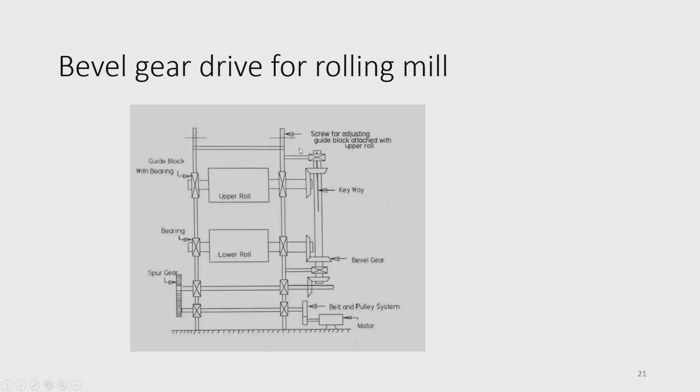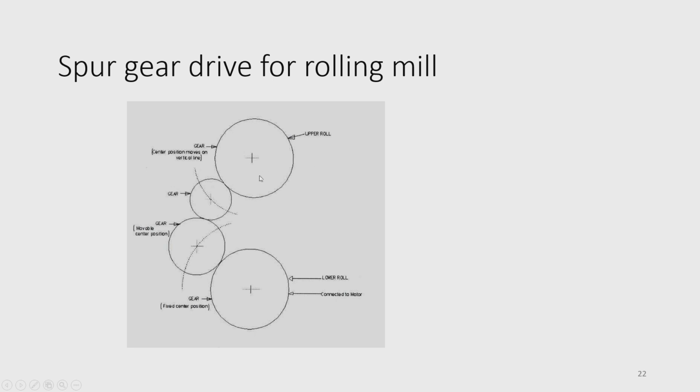Okay. So, bevel gear drive means it is something like this type of design. Somebody has made a rough sketch of the problem. Spur gear drive will be this type of thing. There will be gears, a rough sketch is given.